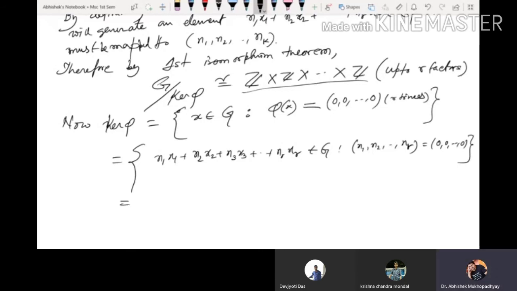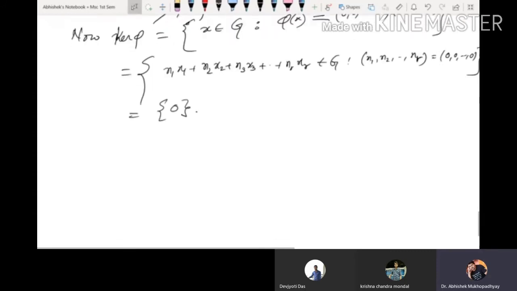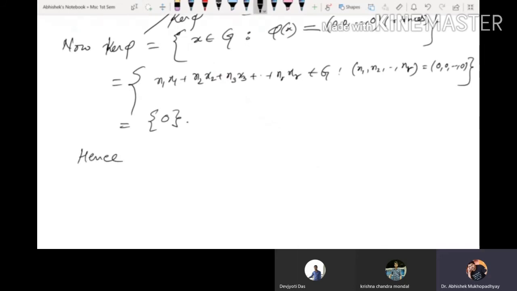So this implies that the only possibility is n1 is 0, n2 is 0, nr is 0. So the only possibility is a single 0. And hence G is isomorphic to G by 0, which is isomorphic to Z cross Z cross ... Z up to R factors.